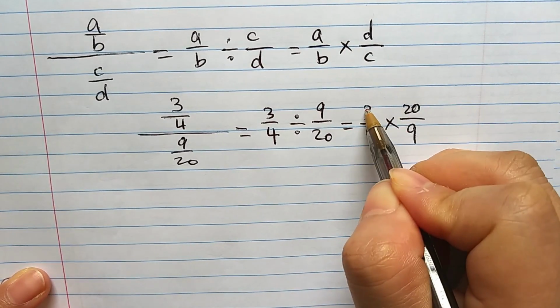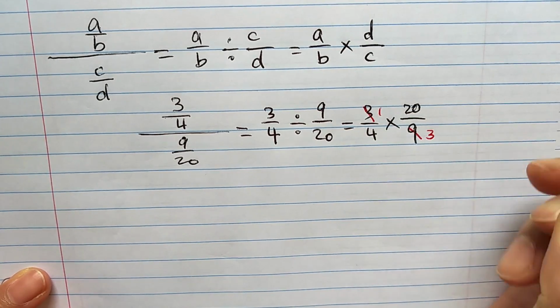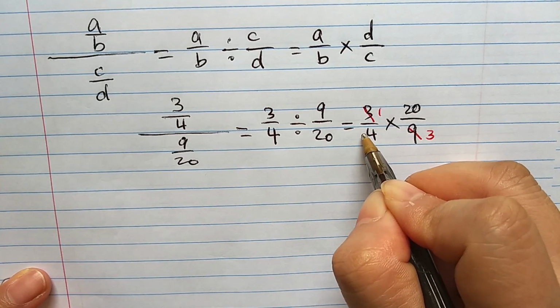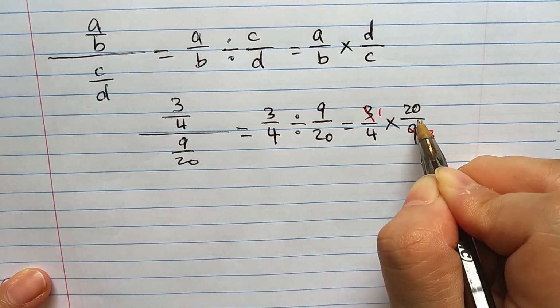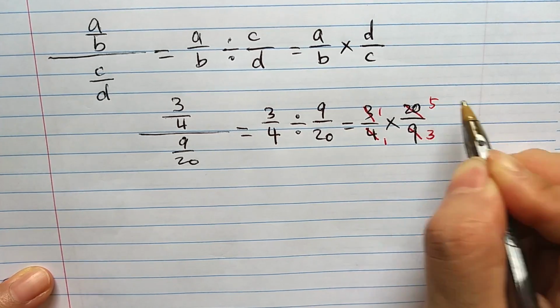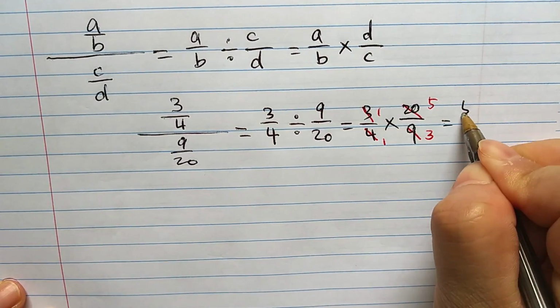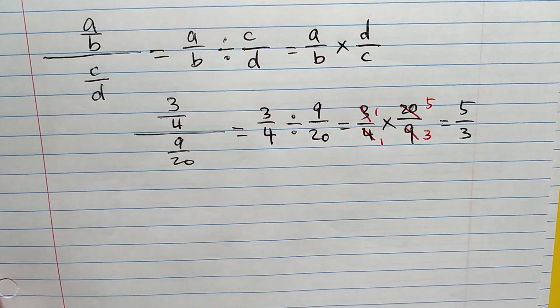So this becomes 1 and that becomes 3. And 20 is 4 times 5, so this becomes 1, this becomes 5. So this is equal to 5 over 3.